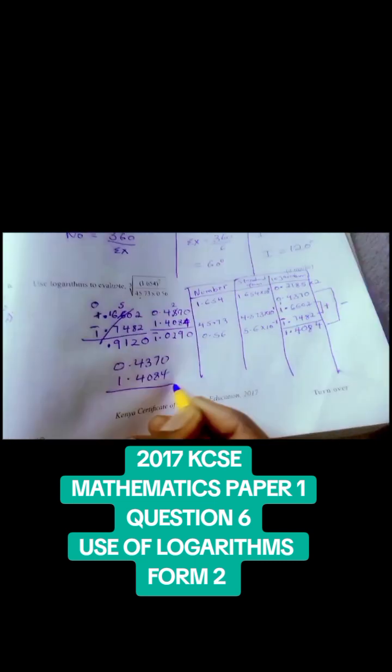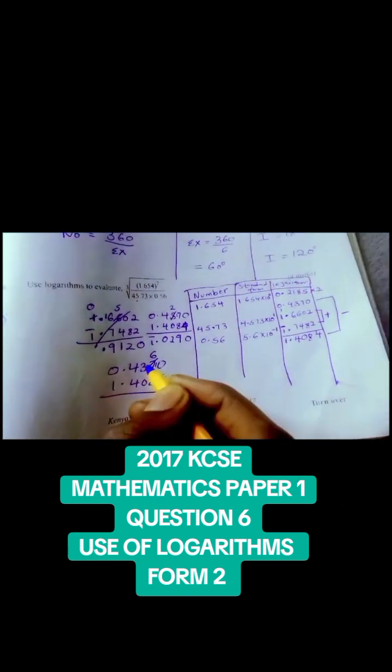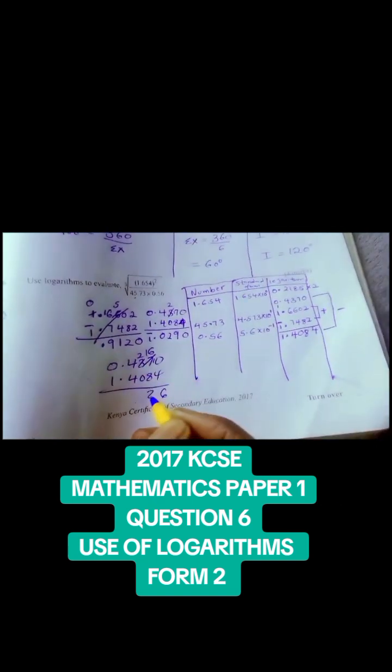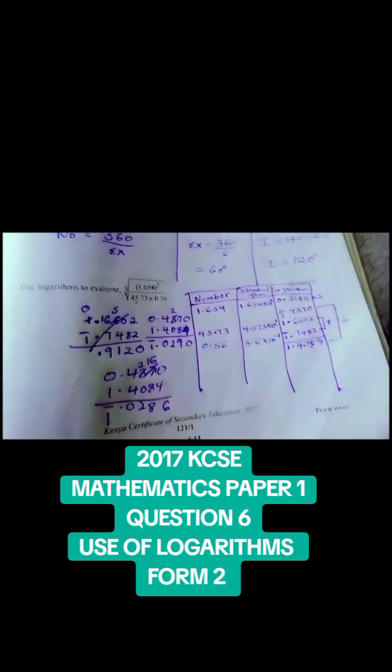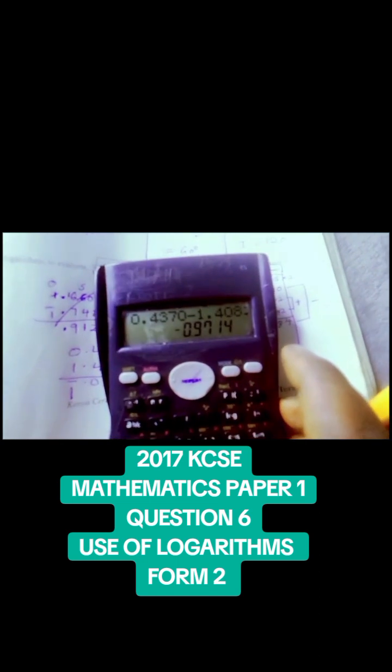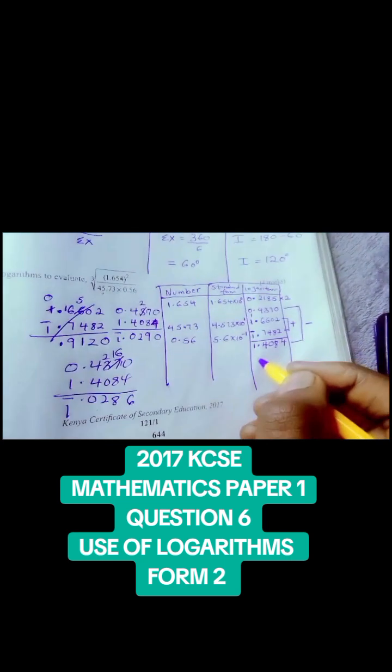We borrow 1, it becomes 820.1. We are still getting the contrary answer to the calculator. You see? So we'll have our answer here as bar 1, 0.0286.